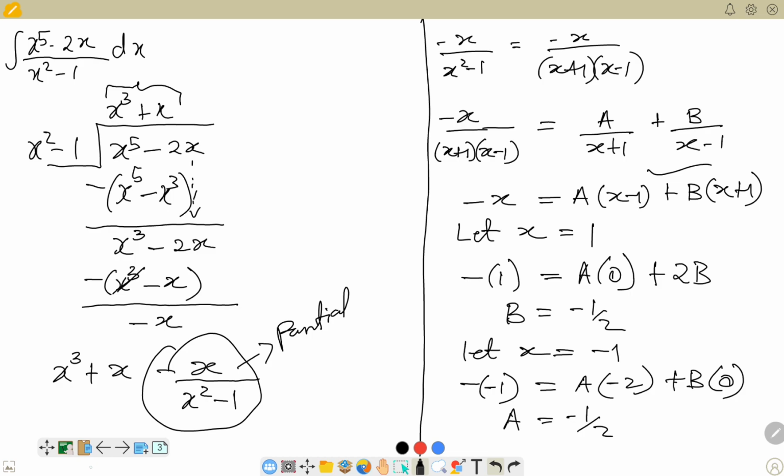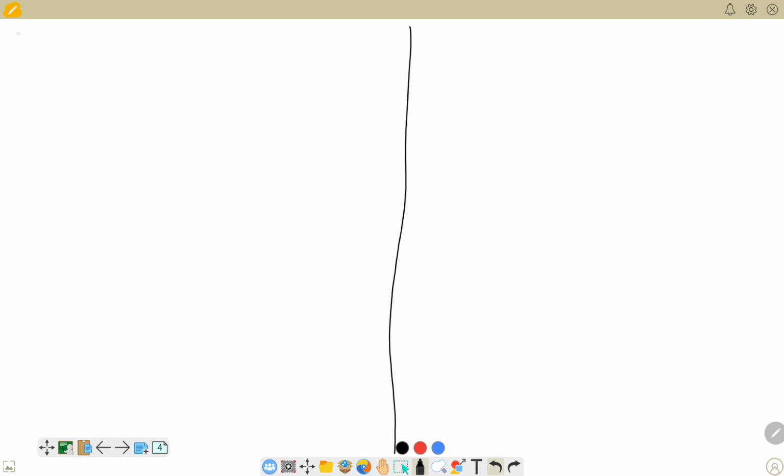So let's proceed. Now we have found the values of a and b, meaning that we can write our expression as follows.